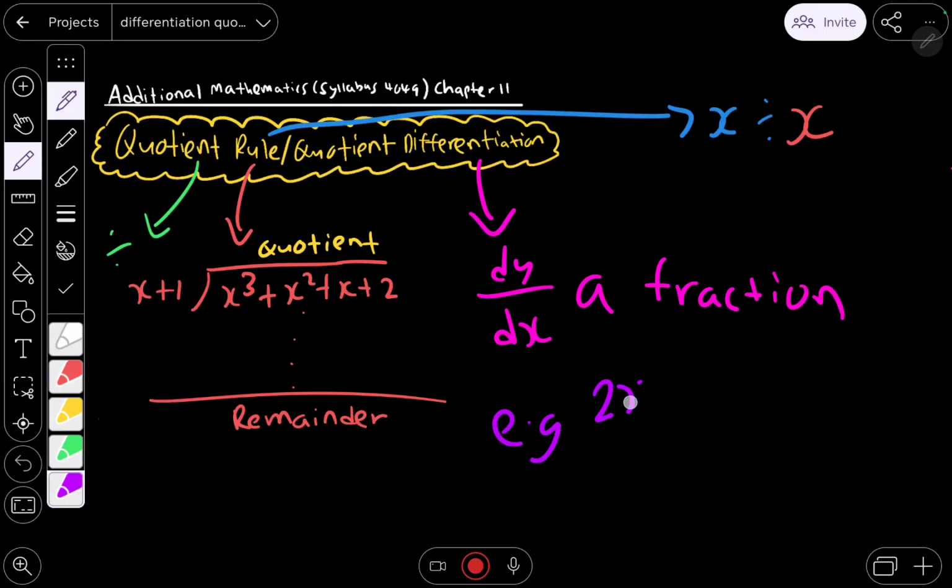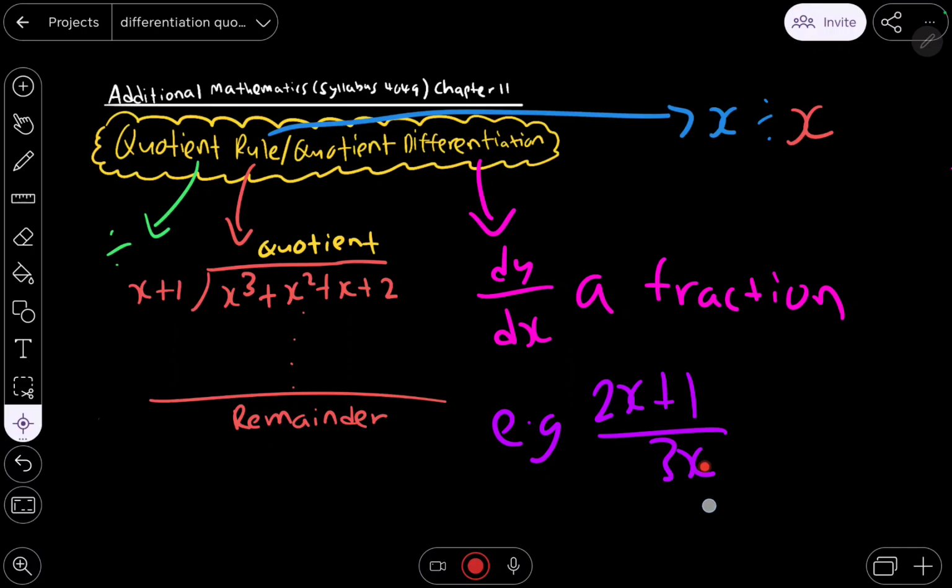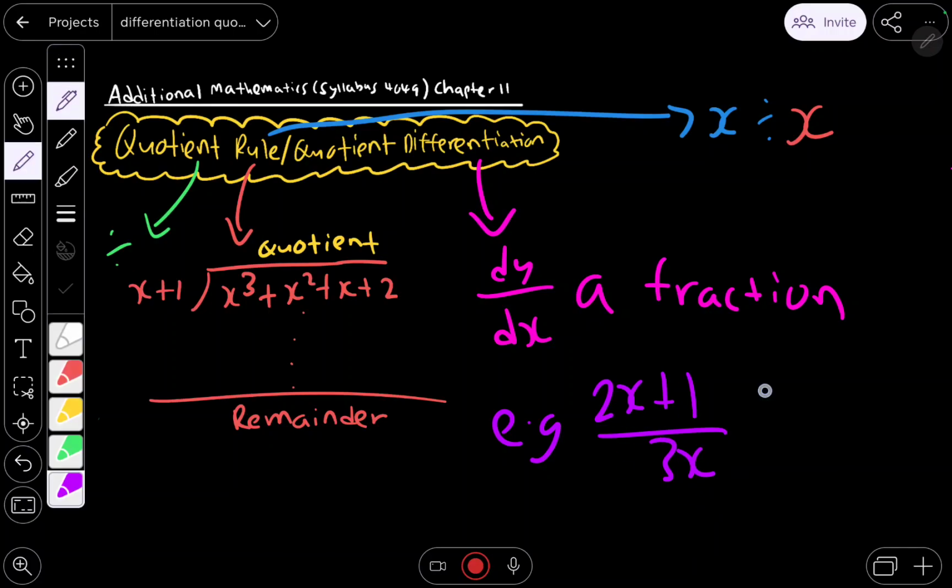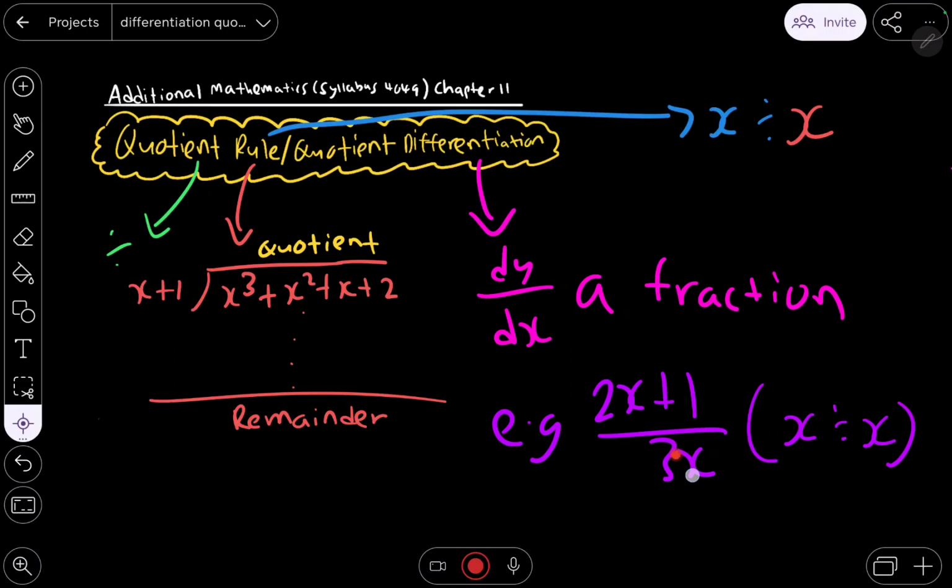Example 2x plus 1 over 3x. Can you see that there is a x term at the bottom and an x term at the top? This basically is a x term divided by another x term. Okay, so that's what I mean by x term divided by x term. And if we see these kinds of expressions, we will do quotient rule.